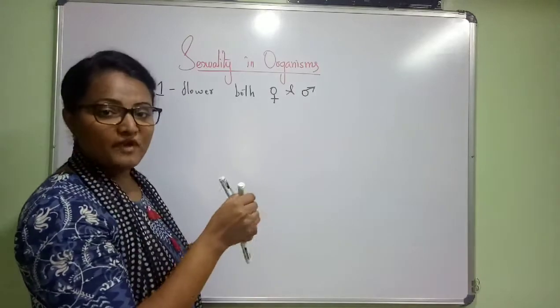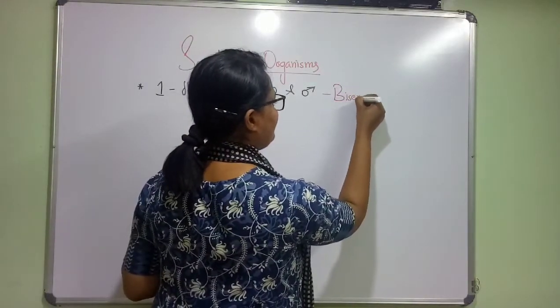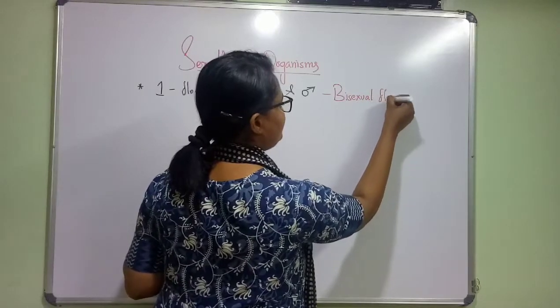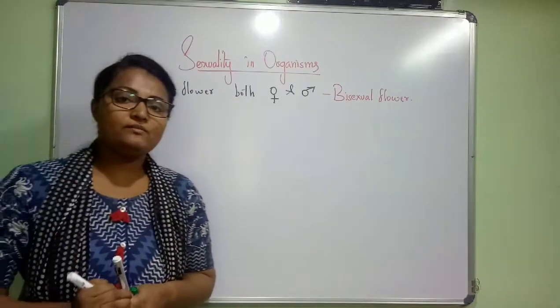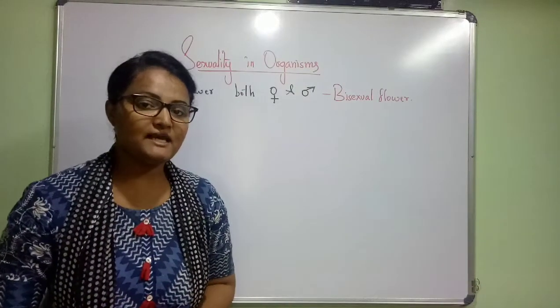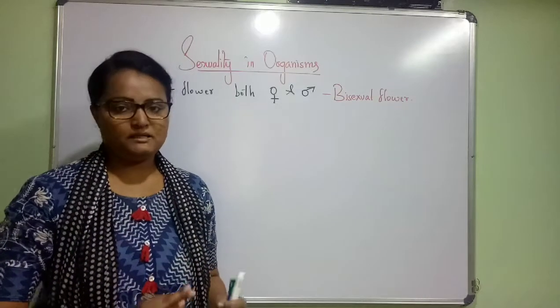Such a flower we call a bisexual flower. What do you mean by bisexual flower? A flower contains both male and female reproductive parts.